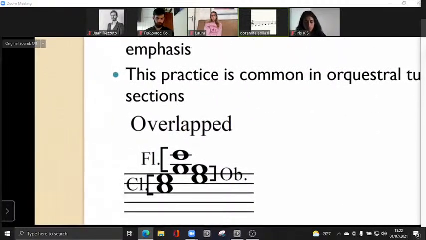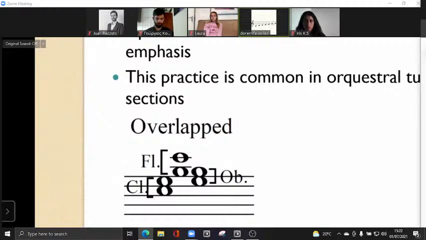Here we have an overlapped chord. See that the clarinets are playing this, but the E5 is being played at the same time by the oboe, on the third of the chord. Maybe that is not the best option. That's why we usually don't use this kind of voicing, because we are doubling the third.